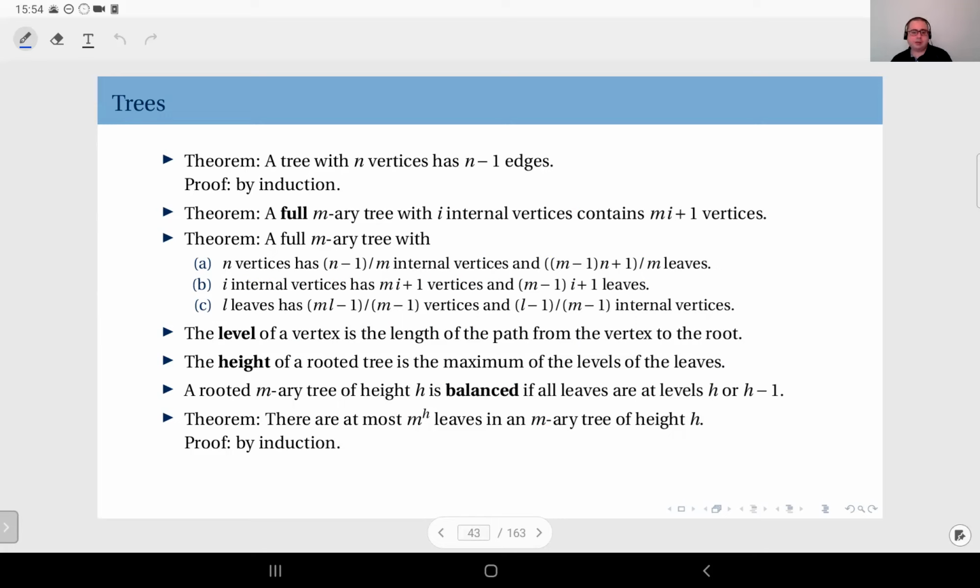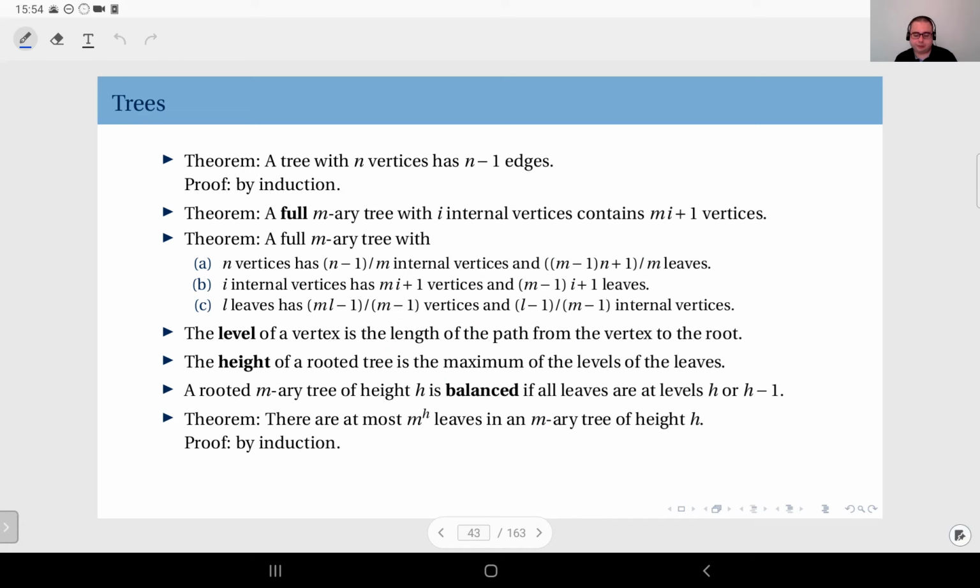And you can apply induction on this by addition of new vertices, which will have to connect to one of the internal vertices or the leaves, and therefore it will produce just one additional edge. So you can use induction to prove this theorem.